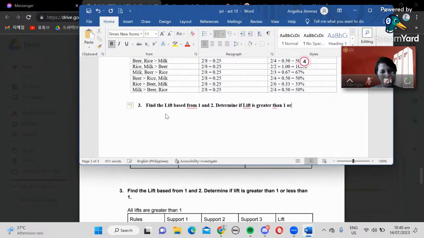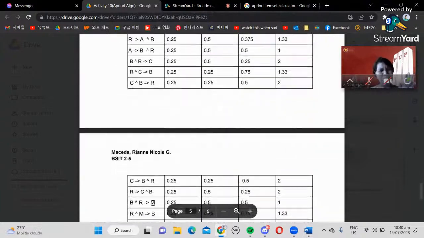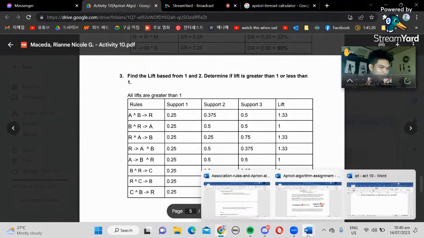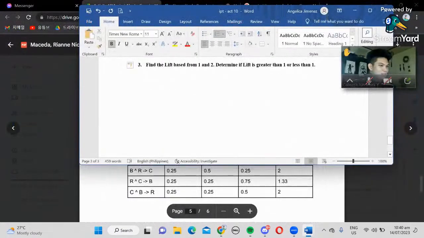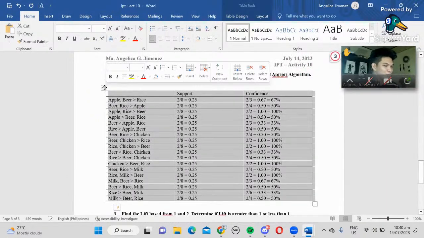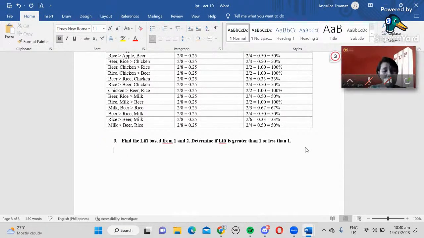So, meron pa kayong question? Kailangan ko na umalis ng bahay, JM. Meron pa akong appointment sa school. May short lang po ipe-present since ginawa ko po siya this week lang. After natin i-discuss yung a priori algorithm, kinonvert ko po siya into program. Sige, JM, pa-share mo.